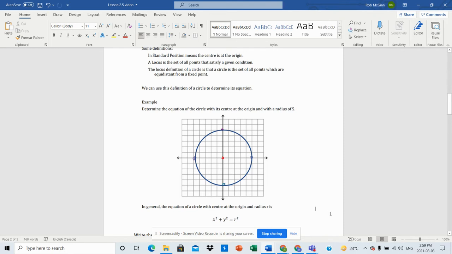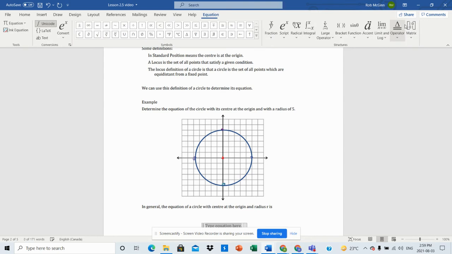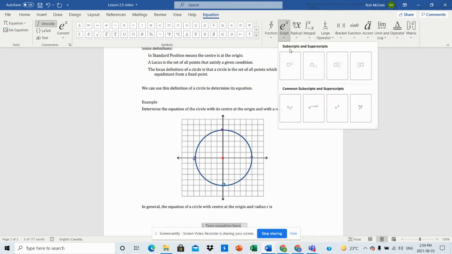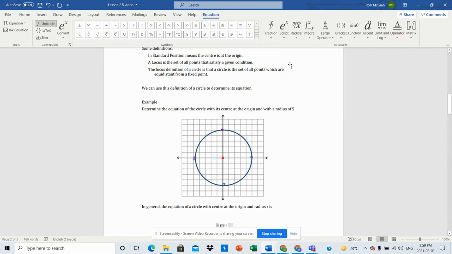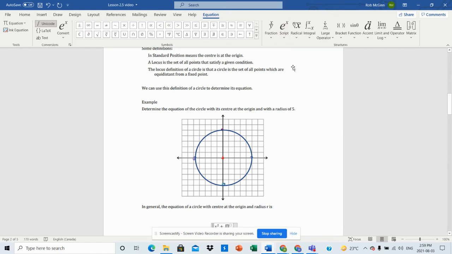So what we're going to do here is insert the equation. We know that our equation of a circle is x squared plus y squared equals r squared.